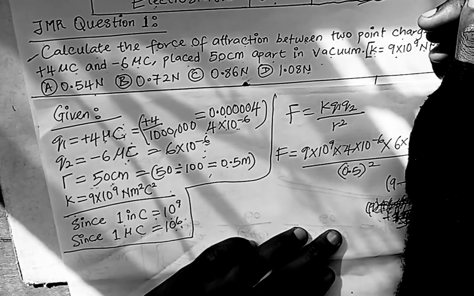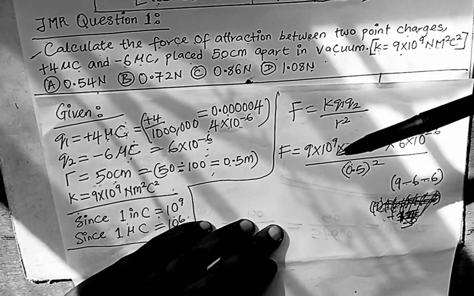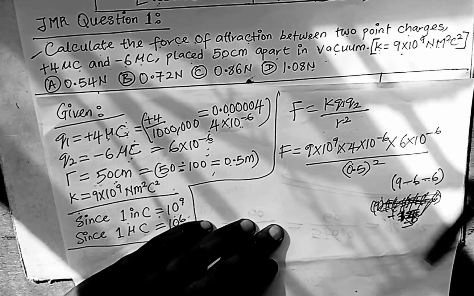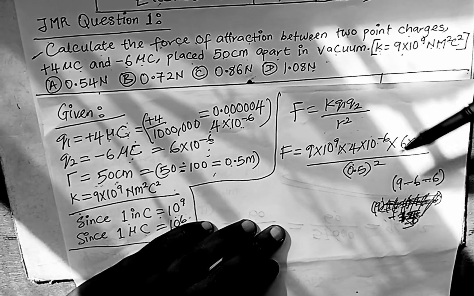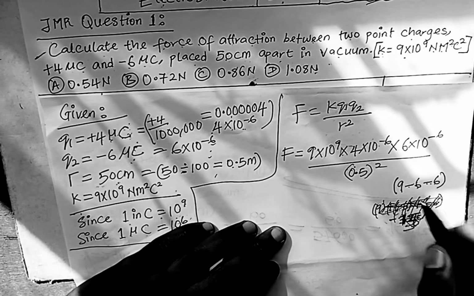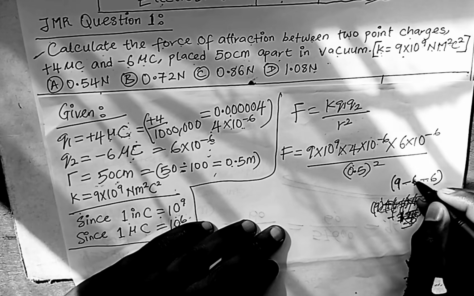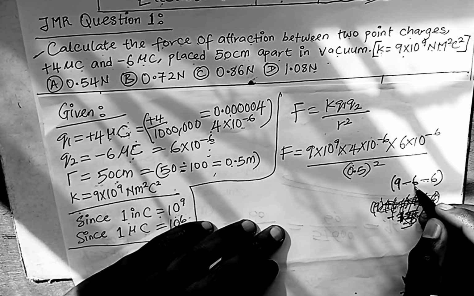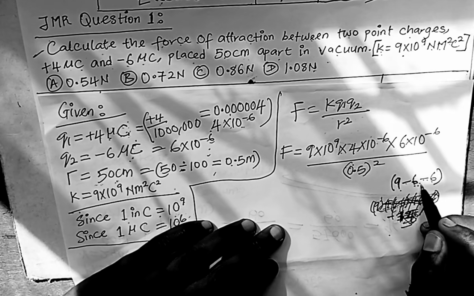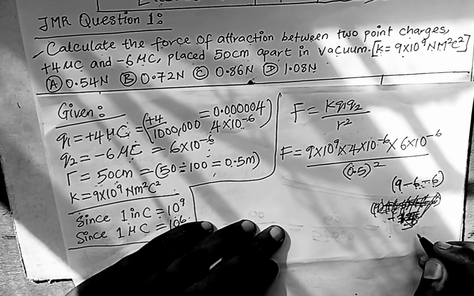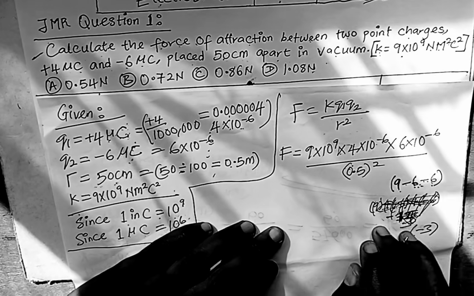That's why it's always good to just convert. Since you have a calculator inside Jamb, just convert all these things to decimal, because sometimes they can be confusing. 9 minus 6 will give us 3. 3 minus 6 will give us minus 3. So the raising power is equal to minus 3.